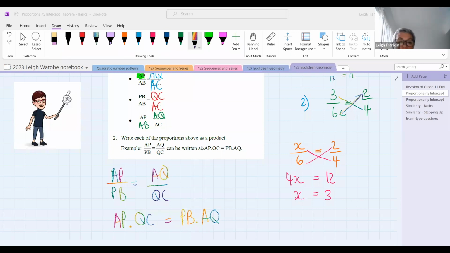Is that making sense to everybody, where I can cross multiply? Are we thumbs ups at this point for number 2? Kiana? Well done, guys.